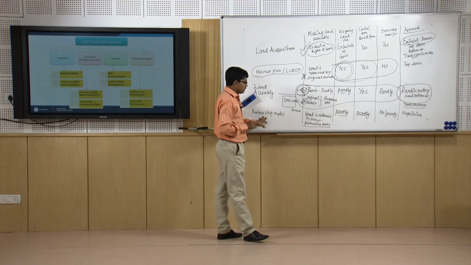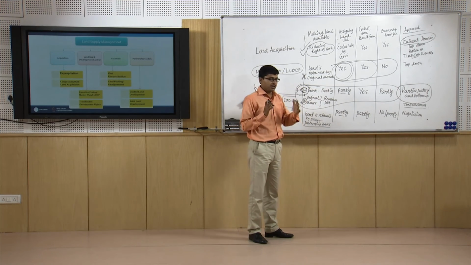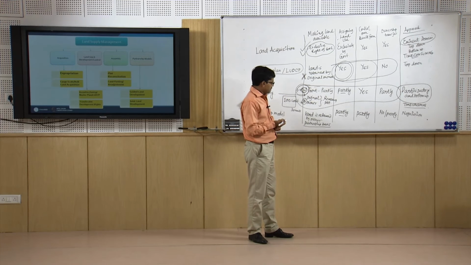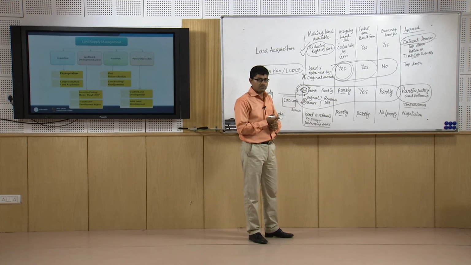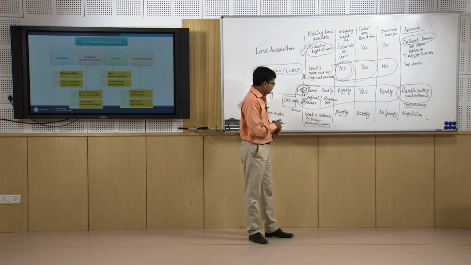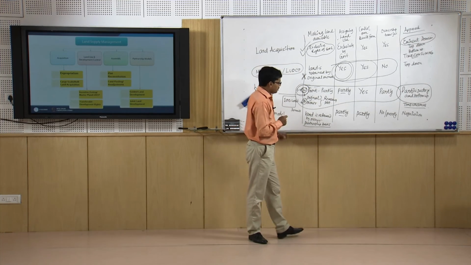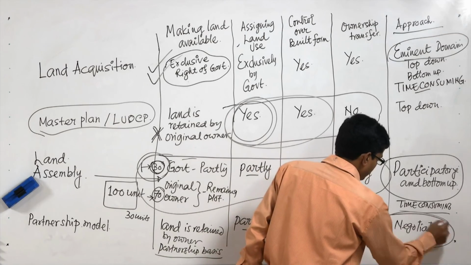The partnership model depends on the particular context. For example, say the airport of New Delhi, it is developed by a partnership model by government of Delhi, government of India and another private developer. So, here the most important part is that it is based on negotiation.